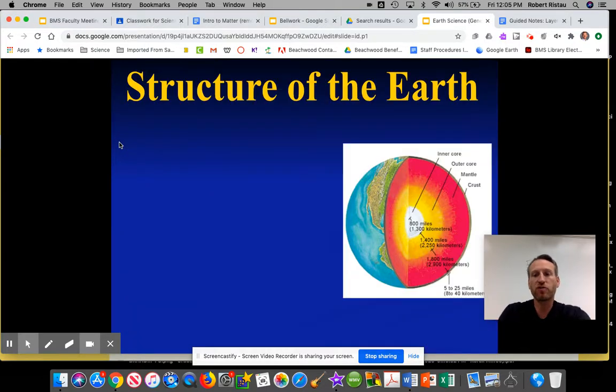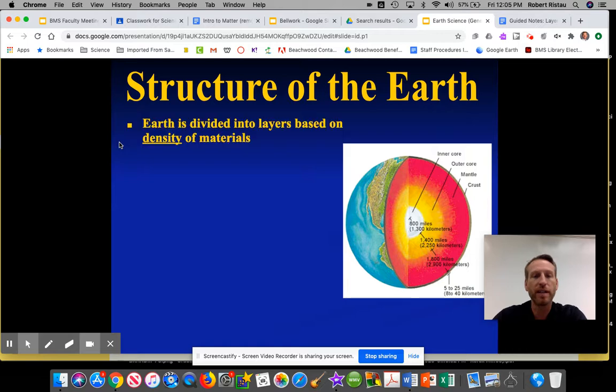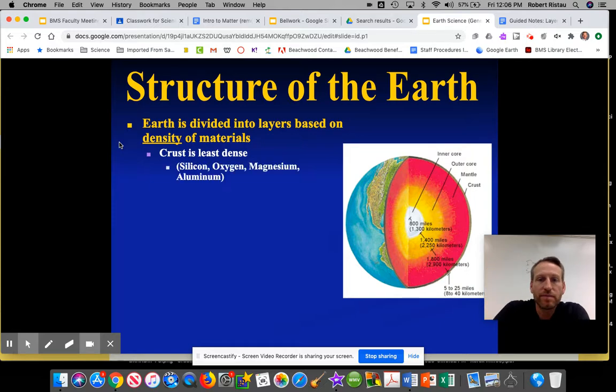All right, so let's talk about the structure of the Earth. We've already done this a little bit in class. Earth is divided into layers based on density of materials. The least dense is the thing up at the top, so that is the crust. The crust is made out of some of the elements that are in minerals, such as silicon, oxygen, magnesium, and aluminum.